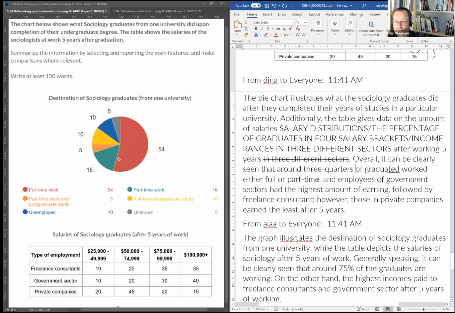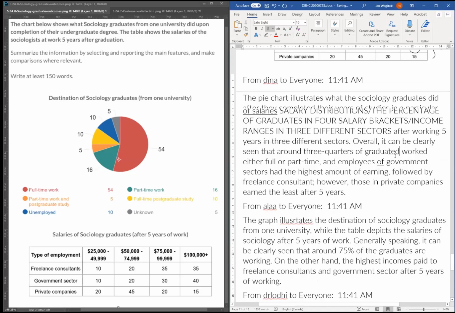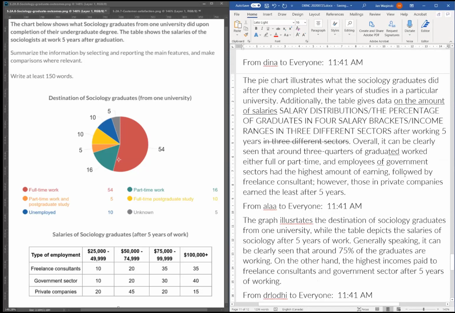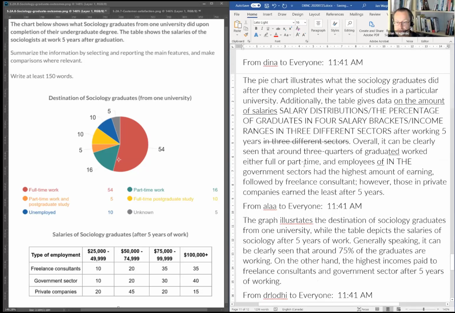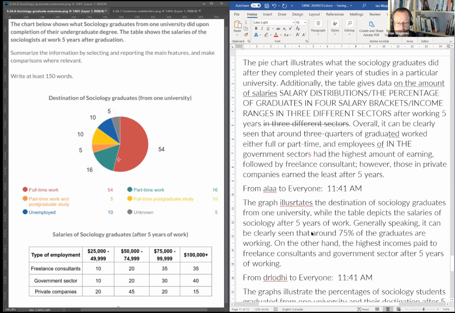Overall, it can be clearly seen that around 3/4 of graduates worked either full or part-time, and employees in the government sector. Sector, not sectors, because it's just one. Had the highest amount of earnings, but they didn't.